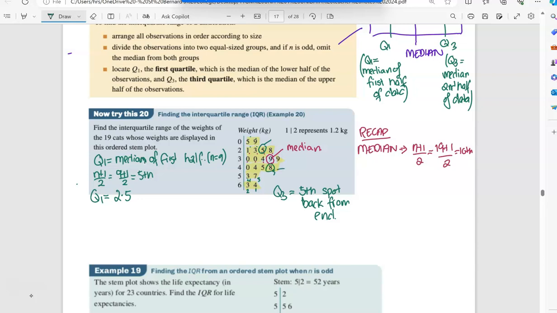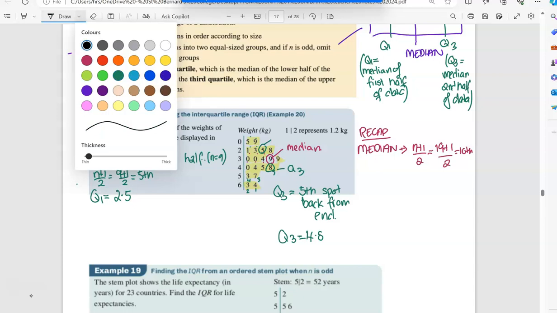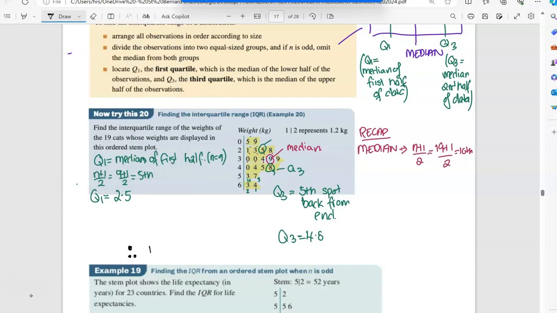There's Q3. So Q3 equals 4.8. Therefore the IQR, the interquartile range, is 4.8 minus 2.5, which equals 2.3. So the middle 50% of data of these 19 cats varies by 2.3 kilos.